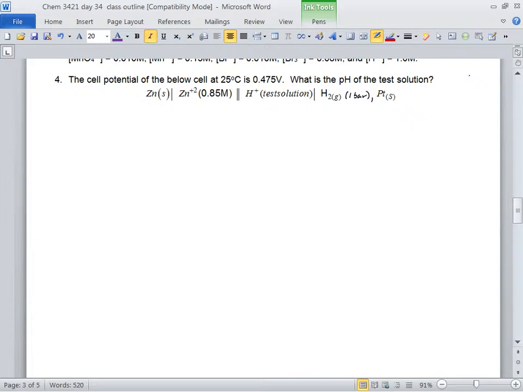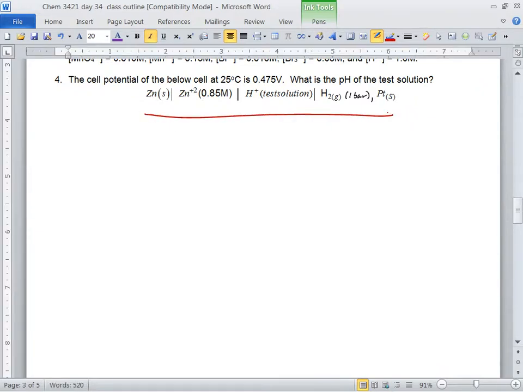The Nernst equation, exactly. It fits perfect because they told us what the reaction is. It may not look like it, but they did. They told us E cell. And once you start with the Nernst equation, it kind of tells you everything that you need to know.